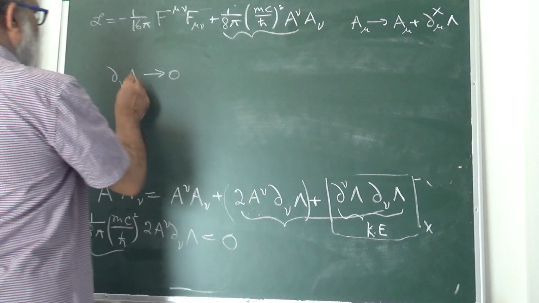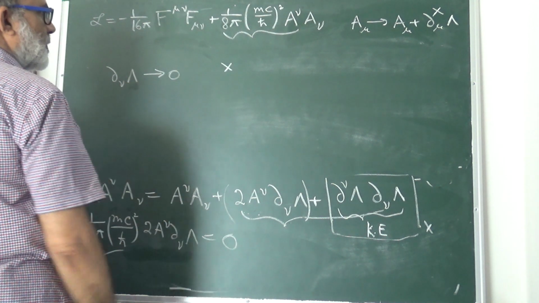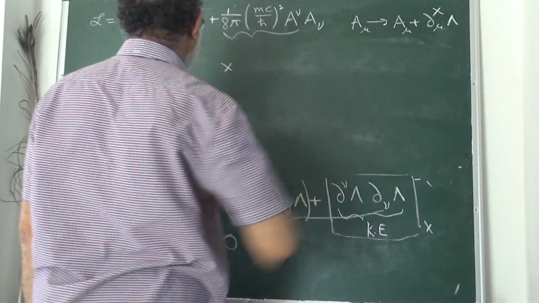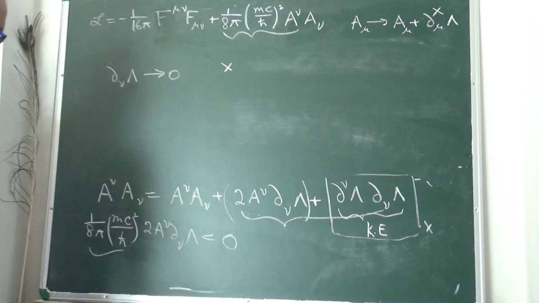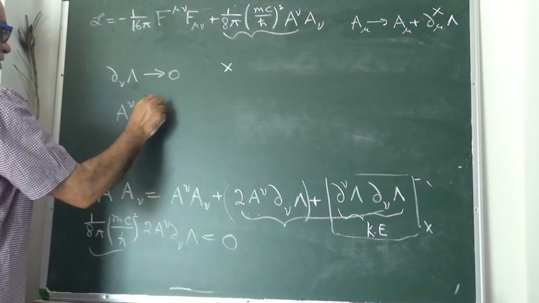So this is ruled out. You cannot take this as 0, because then the Lagrangian for the Fermat field will not be invariant.